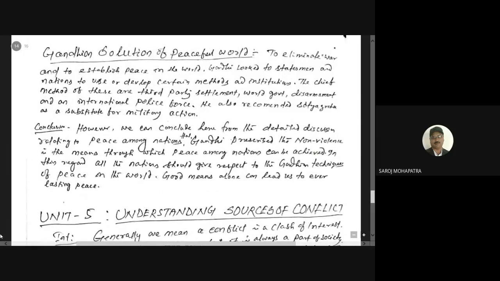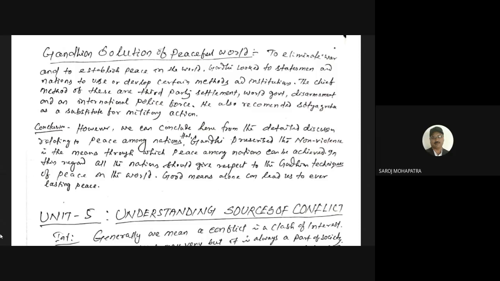Gandhi's solution of a peaceful world: what did he suggest to eliminate war and to establish peace in the world? Gandhi looked to statesmen and the nations to use or develop certain methods and institutions.